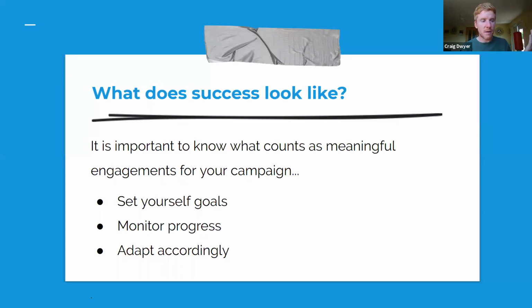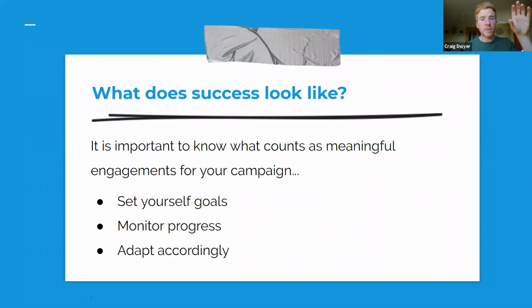So if we just take an example, say it was around the mailing list and we were just trying to grow that a bit, just for argument's sake. We might set a target around that. So by the end of the summer, we want to increase our sign-up rate by 5% or whatever.